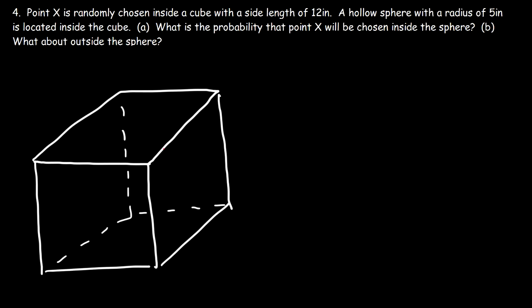Now we have a sphere inside the cube, so I'm going to represent that as a circle. So what is the probability that point X will be chosen inside the sphere?